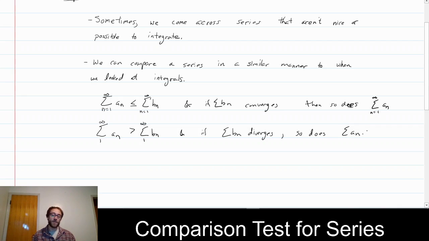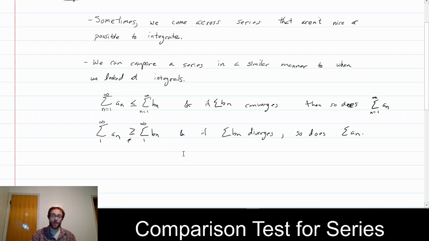What that's saying is I have something that diverges, so it goes towards infinity, and then I have a sum that is bigger than the thing that goes to infinity. Well, then the thing that's bigger than the divergent one has to diverge. So if we're comparing it to something that we know converges, we want to show that it's smaller, and if we're comparing it to something that diverges, we want to show that it's bigger.